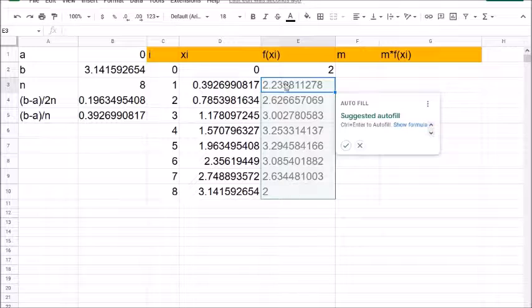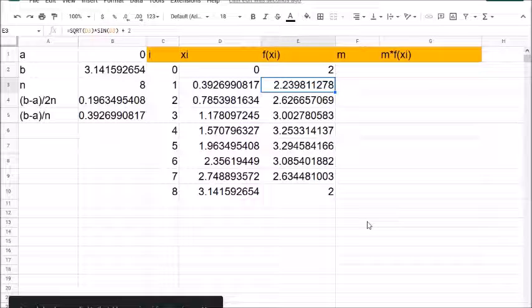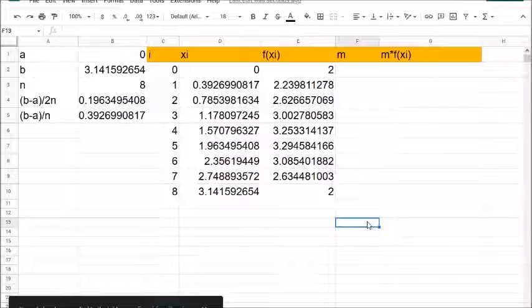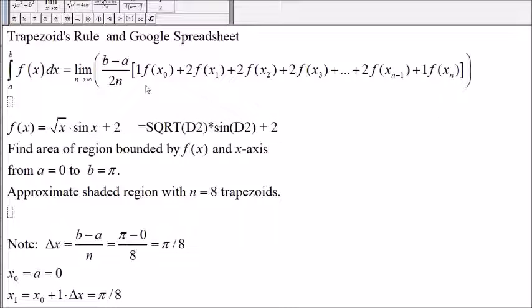And then it will calculate the rest of the cells right here, and then we want to accept it. And then the multipliers, or the numbers in front of the f of x of y: it's 1 for the first, 1 for the last, and then 2 for all the ones in between.